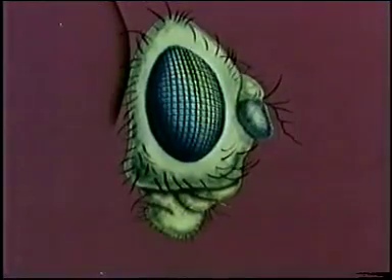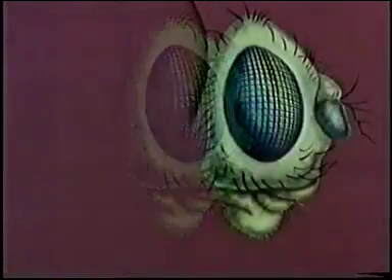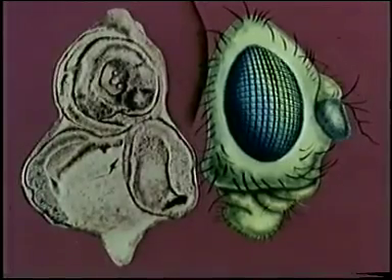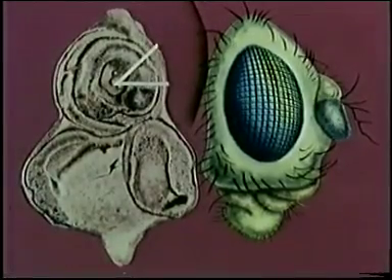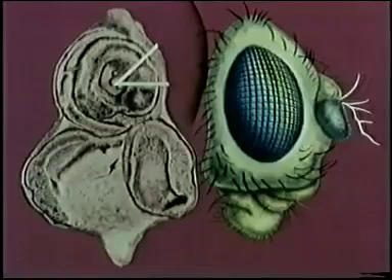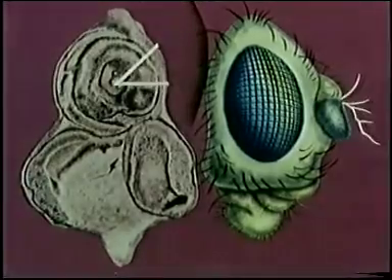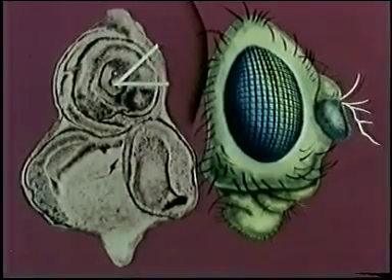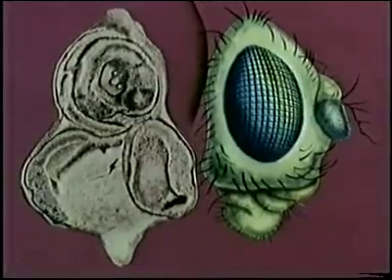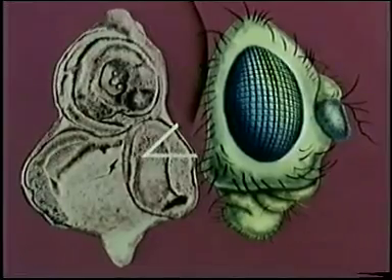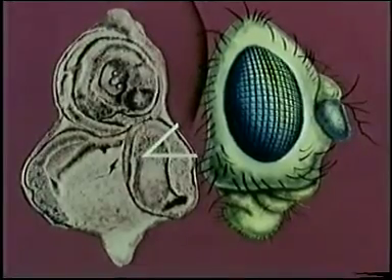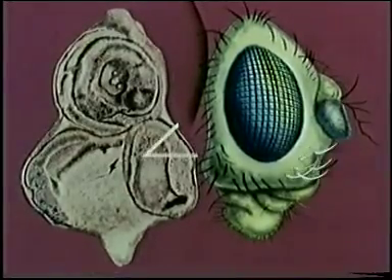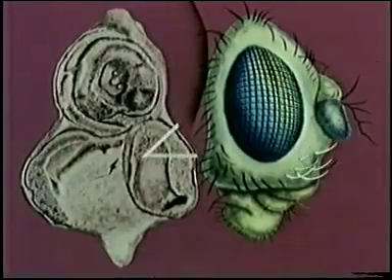The different parts of the adult head can be assigned to specific regions of the disc by observing what structures are missing in the head after cutting out part of the disc. Remove this region, and the arista part of the antenna in the adult is missing. So this part of the disc develops into the arista of the adult head. Remove this part of the disc, and the vibrissae, these hairs above the palps, are missing.